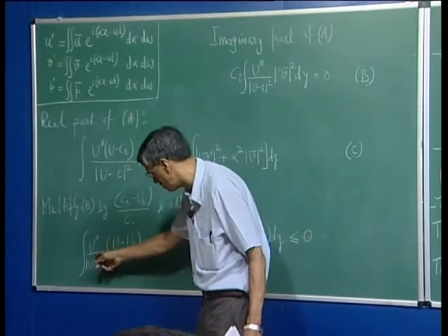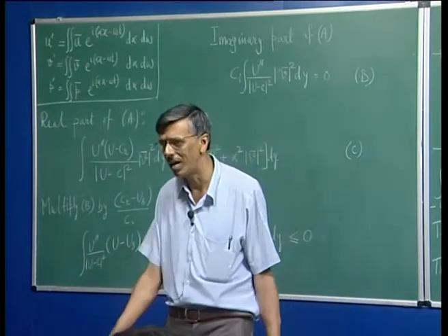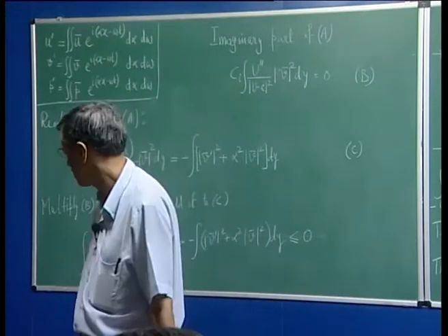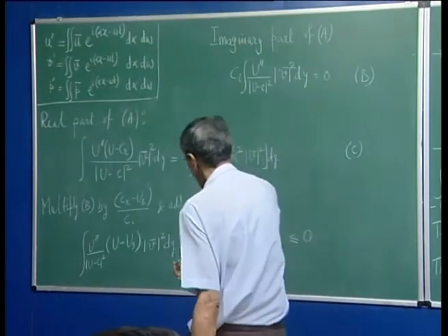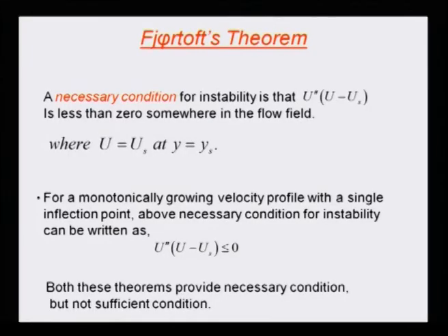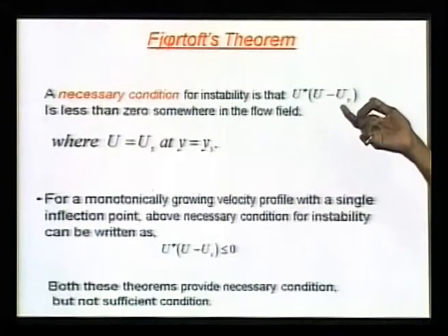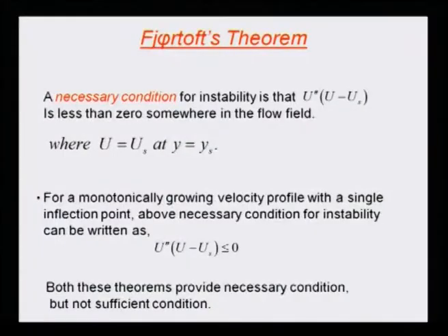The integrand has to be somewhere negative, otherwise it will not give us that, because this is a positive quantity, this is a positive quantity, and that is exactly what he is saying here. Fjortoft is telling us that you must have u double prime times u minus u s less than 0 somewhere in the flow field.